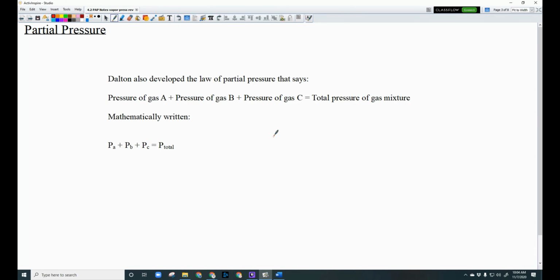So say, for example, we knew the pressure of neon gas was 0.5 atmospheres, and we mixed it with helium gas that was at 0.5 atmospheres. Then the total pressure of that gas is going to be 1 atmosphere. You just add those together. Okay.